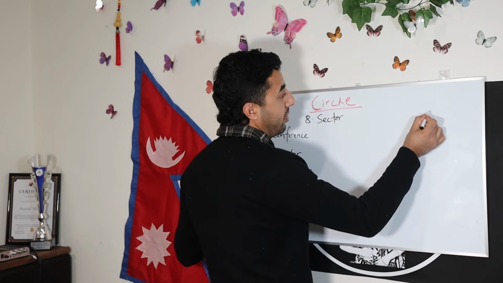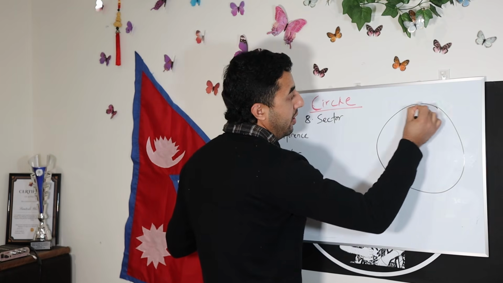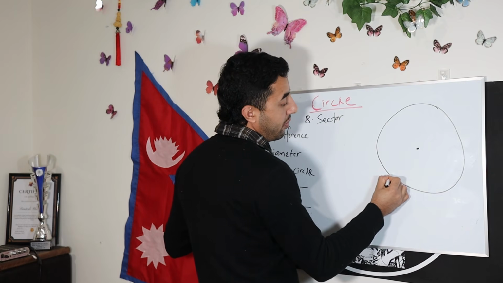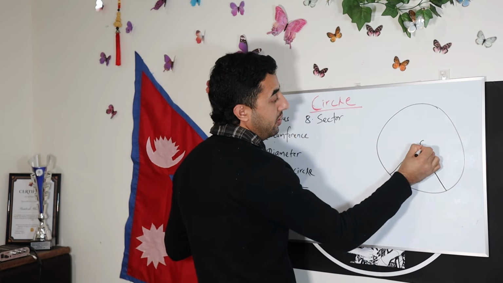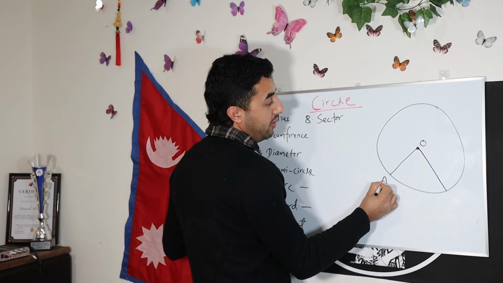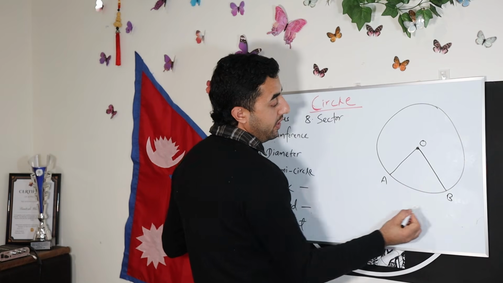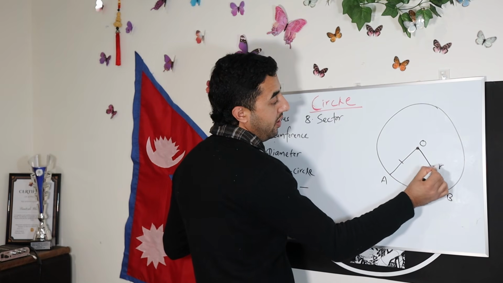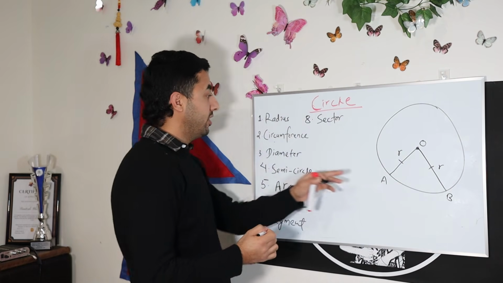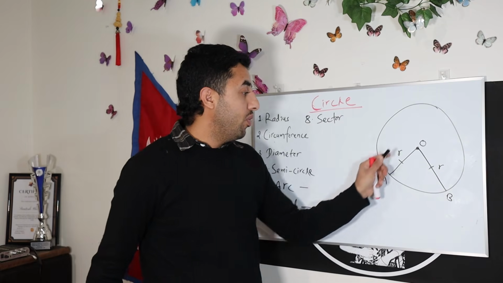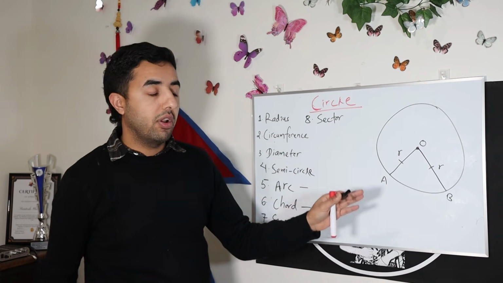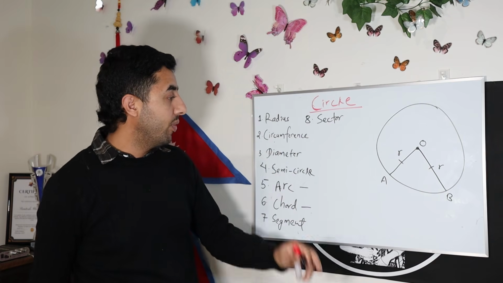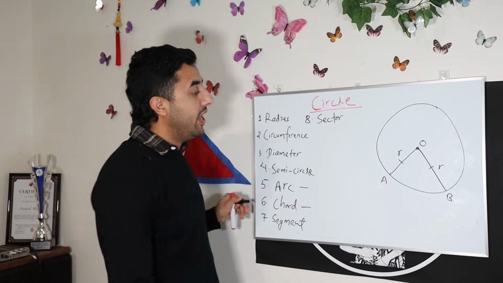Sector means, let's draw one circle here. सेक्टर भनेको के हो भने कुनै पनि सर्कलको, this is the center of circle and this OA is radius and OB is radius. Look, these two are radius and they are always equal. I already explained about this before.